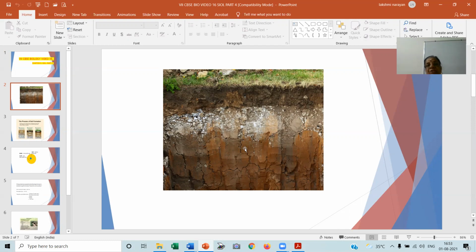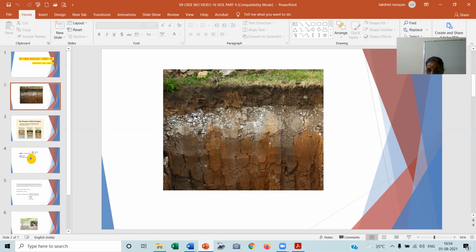Now what you are seeing in this figure is the soil layer, the soil horizon. We usually do the tumbler experiment, but here this is called the soil horizon profile, otherwise soil profile. The grasses that we find are on the topsoil, the A horizon, and below that the B horizon, then the C horizon at the bottom, and the bedrock.